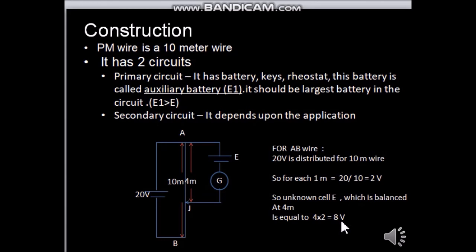So the unknown cell is 8 volt, because the voltage of the unknown cell and the voltage of the AJ branch will be the same, being in parallel. The voltage of AJ is 8 volt, therefore the voltage of E is 8 volt. So this way we find the unknown EMF of any cell.